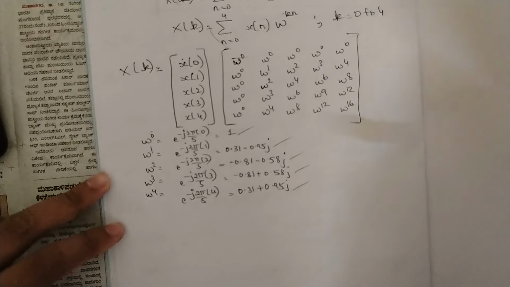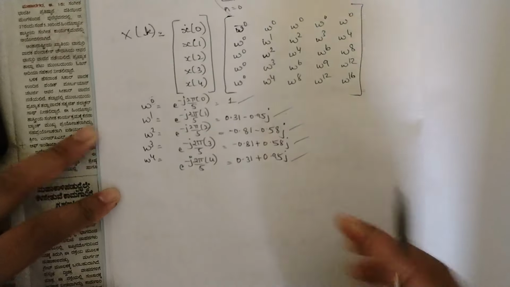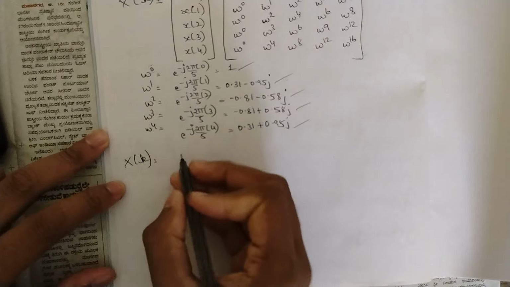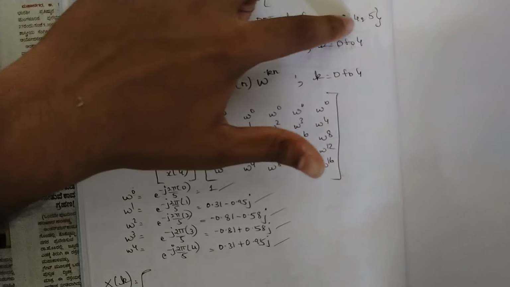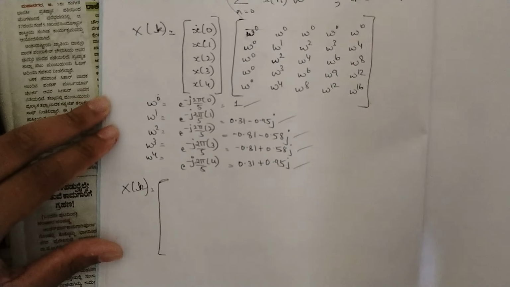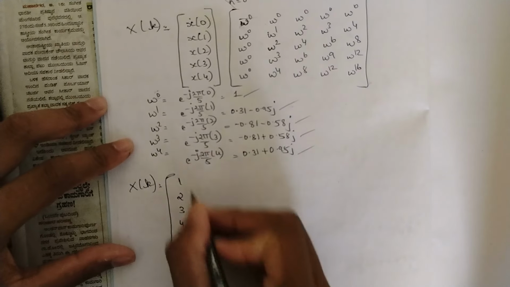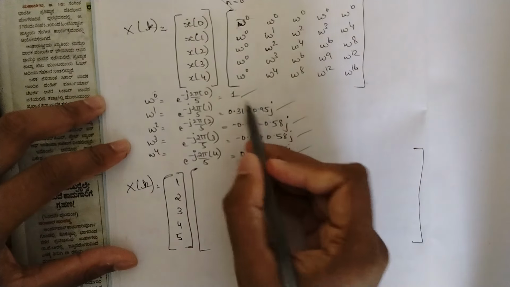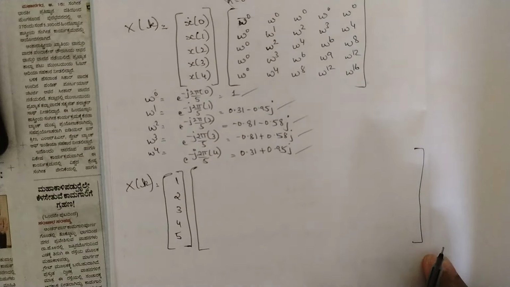Now we should be substituting all the terms of this matrix. Okay, again we draw the matrix: x of k is equal to, substituting the values of x of 0, 1, 2, 3, 4 from the given sequence. It is 1 2 3 4 5. So the first matrix is 1 2 3 4 5 into one big matrix, because here we have complicated, complex terms, so we should leave space.